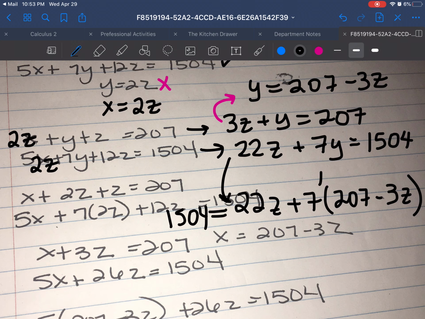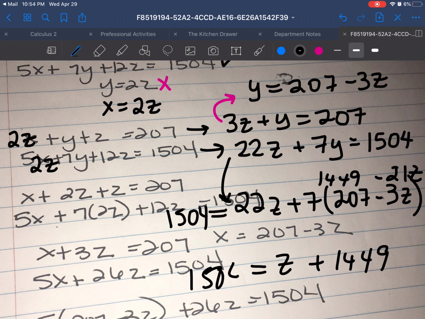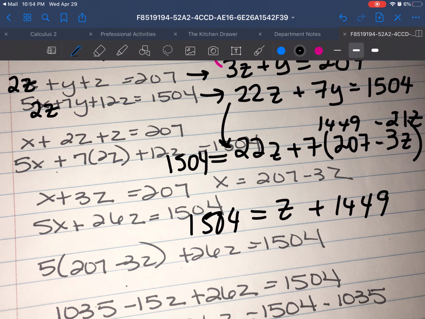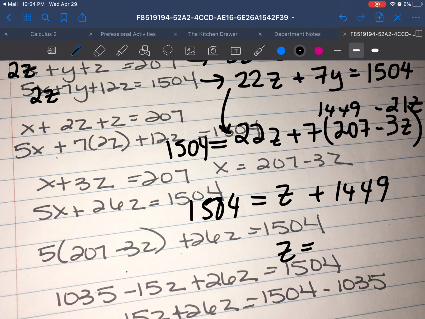So this is 1449, and then minus 21z, and 22z minus 21z is just z, plus 1449. That equals 1504. So 1504 minus 1449 is 55. And so z would be 55. And then we work our way backwards.